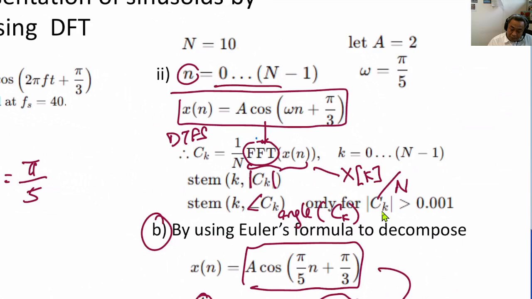Now, you must be thinking why is this needed? Due to numerical precision, some of the magnitudes of Ck are very small. So the phase there is actually due to numerical precision error. We should ignore them when we plot. So we are only plotting the phase for Ck with magnitude greater than 0.001.